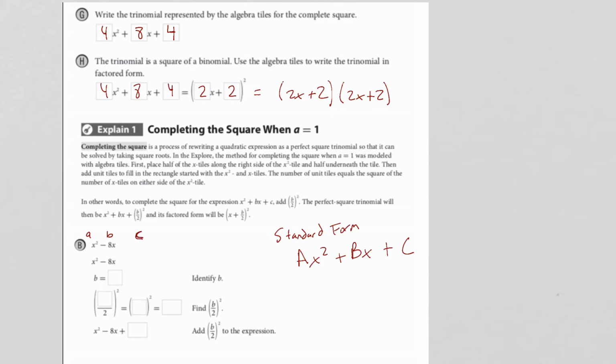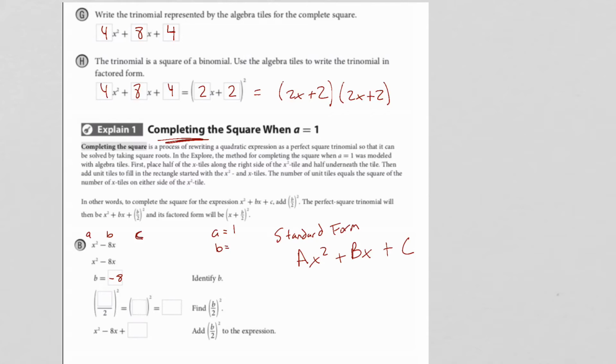So we're going to add it by the process called completing the square. In this scenario, a is equal to 1, b is equal to negative 8, and c, we don't know. That's what we're going to try to figure out.